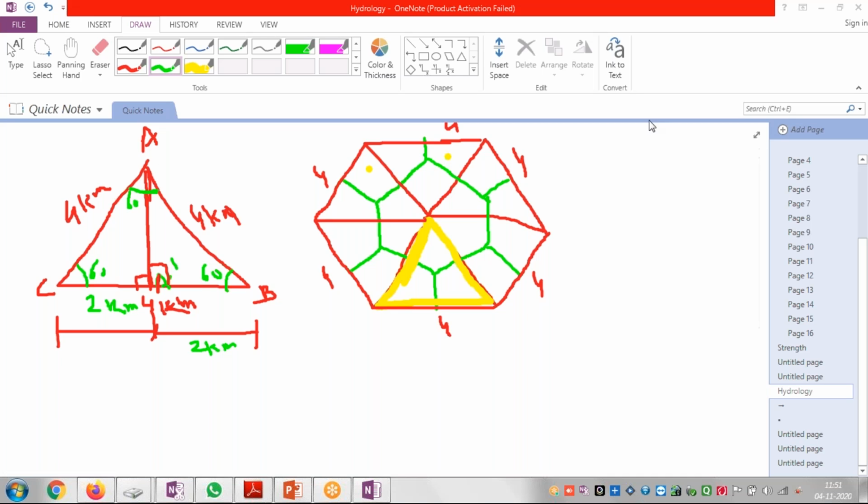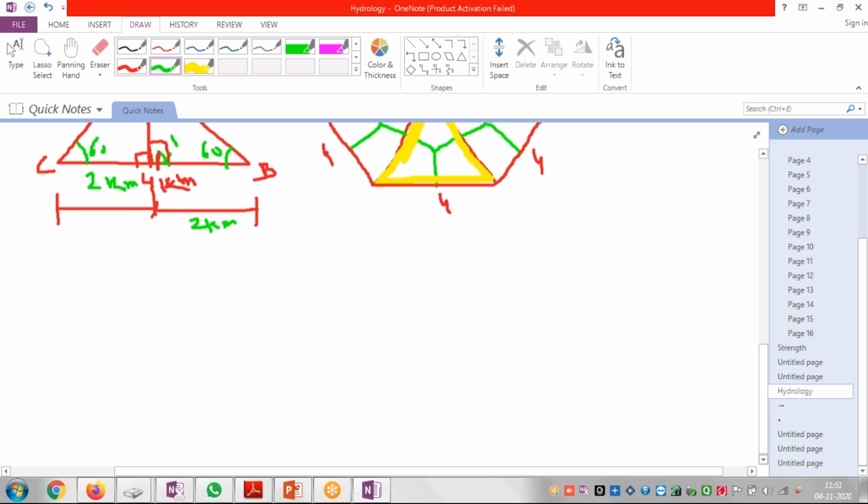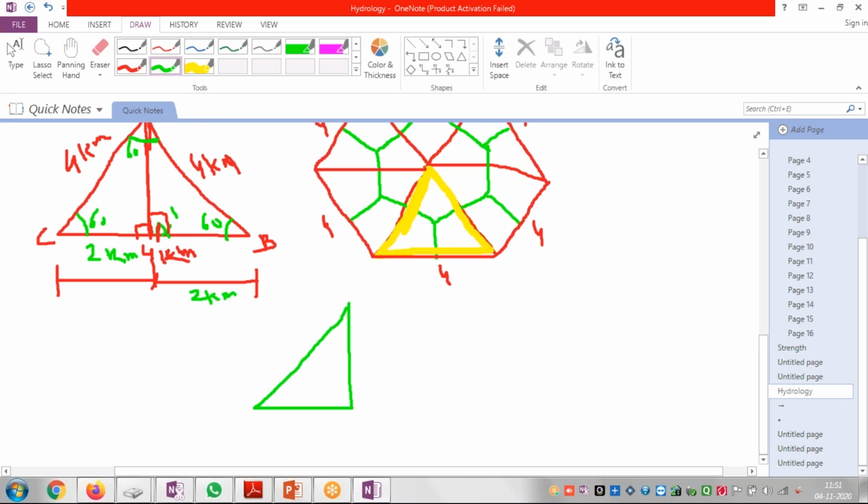So what will I do? I will separate this triangle. This is A, this is A dash, and this is C, this is 60 degree, right? And this is 2 kilometer. So what would be this height?